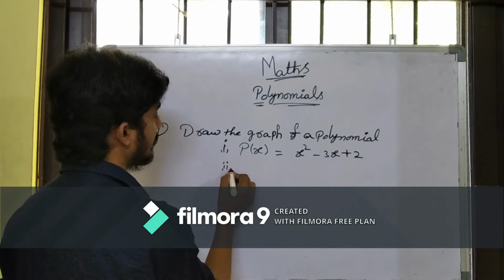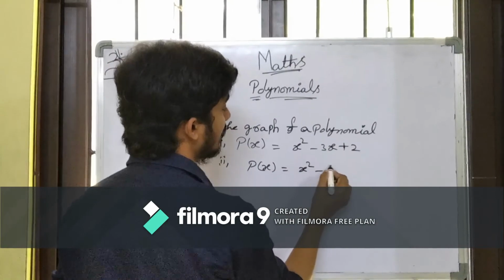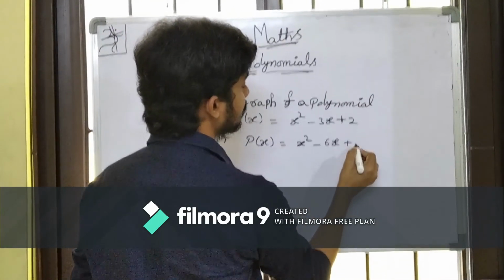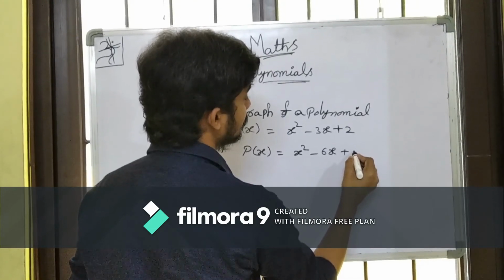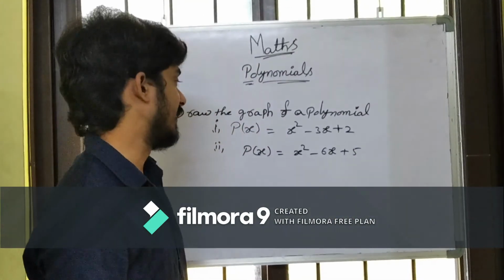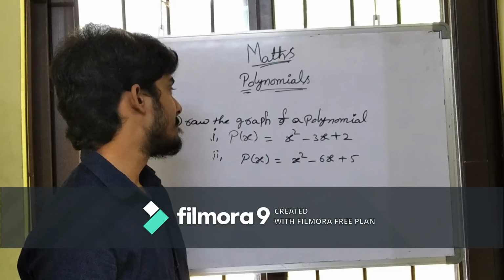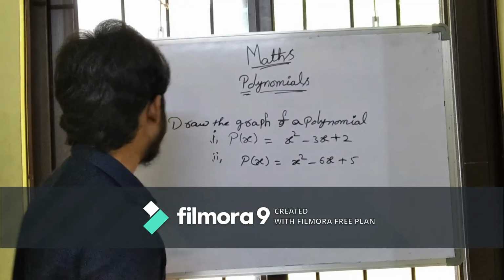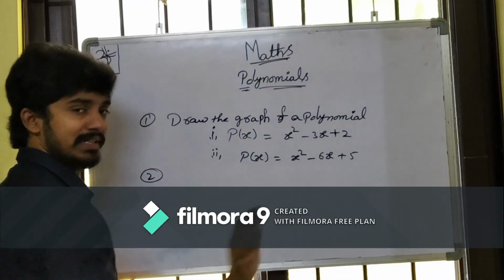And the second one is: p of x equals x square minus 6x plus 5. That's it.